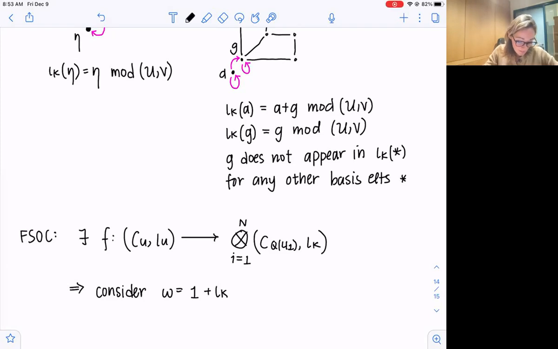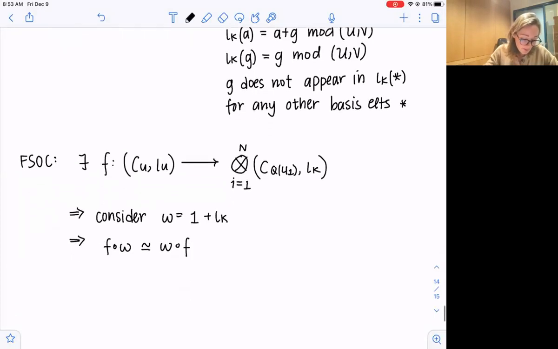And since F needs to be a chain map, then this would tell us that F composed with omega would need to be homotopy equivalent to omega composed with F. So in particular, there needs to exist a homotopy H such that we have this equivalence.